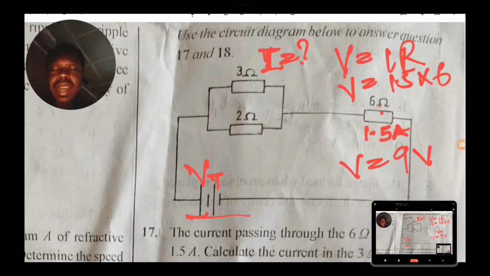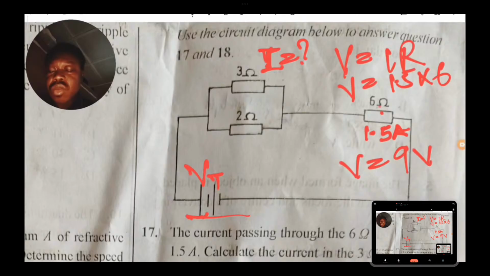Then the current in the 3 ohm resistor, how are we going to do that? We know already that we have 9 volts. We know that 9 volts is what this resistor is using, because voltages in series are different. Hence, this is not the total voltage. Please take note of this.